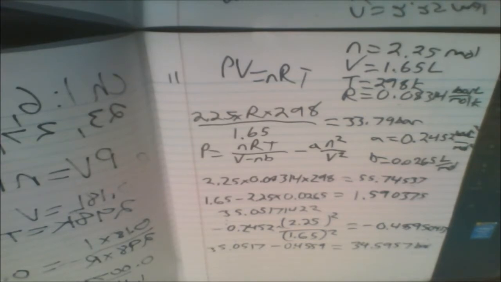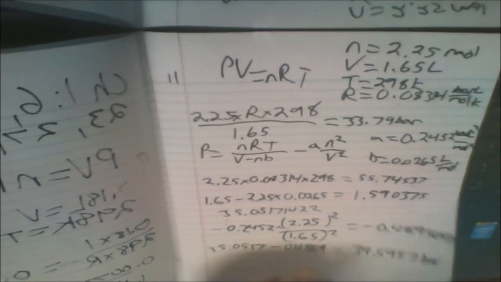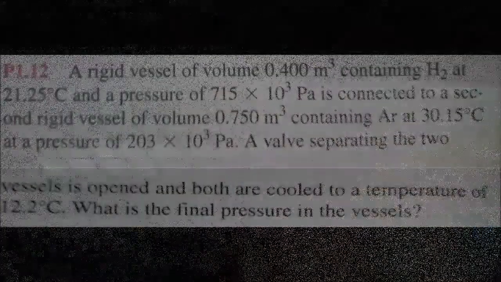Now, this increase in pressure is brought about by gas particles pushing each other away. So this is more repulsive. Had this been lower than the ideal, this would be in attractive mode. That is question 11.